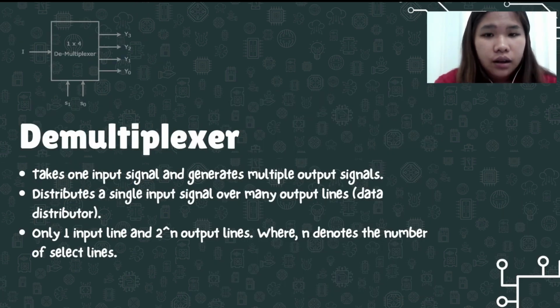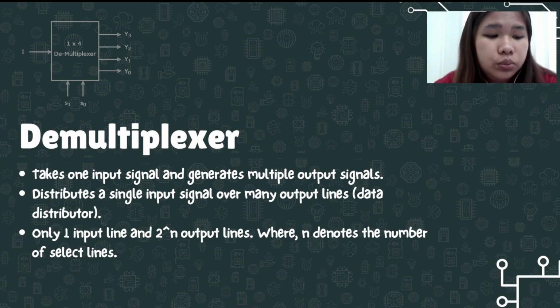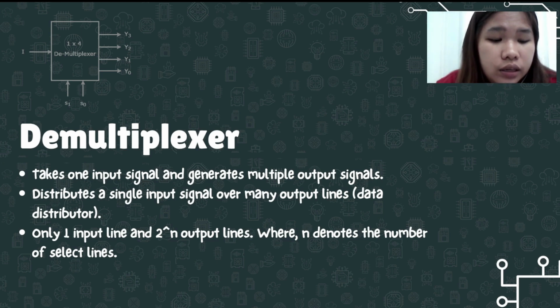Next is the demultiplexer. The demultiplexer is a digital combinational circuit which takes one input signal and generates multiple output signals. It is known as the demultiplexer or DMUX, as it distributes a single input signal over many output lines.